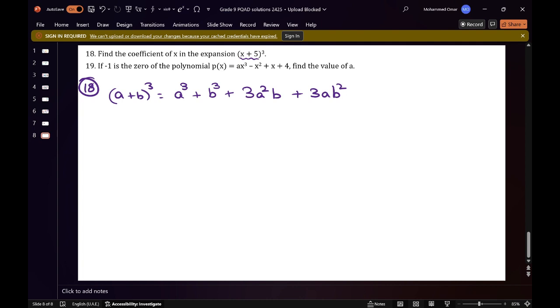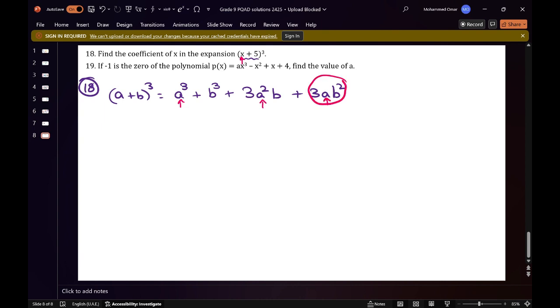Here you have to find the coefficient of x. Where is x, my dear students? It is in the a place, the first one. So a cube becomes x cube, a square becomes x square, and here you have only a.